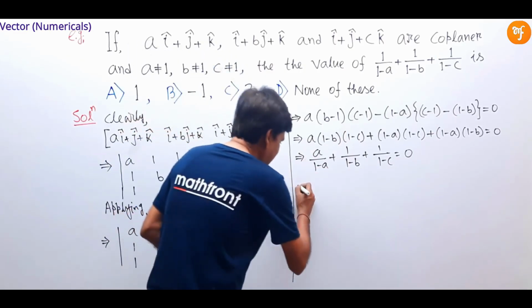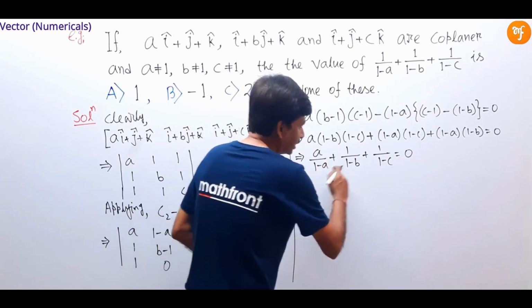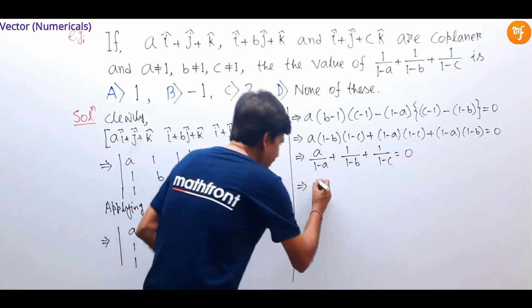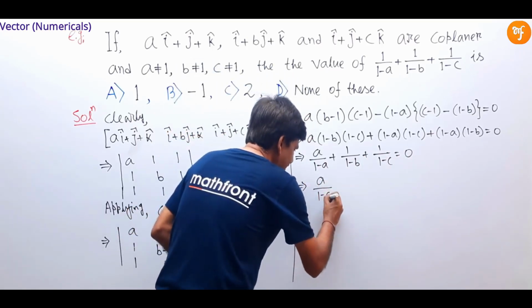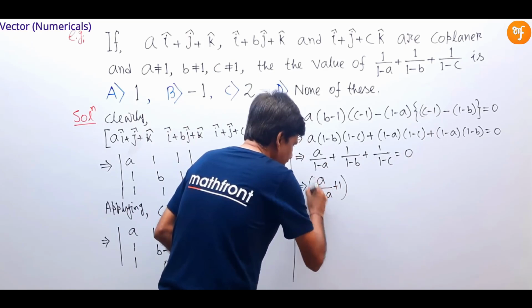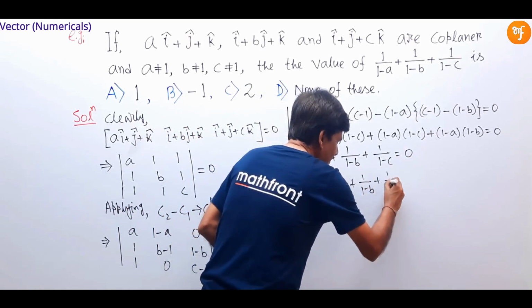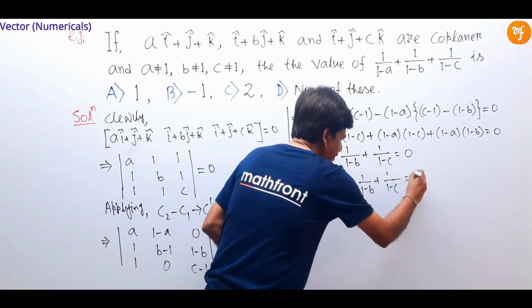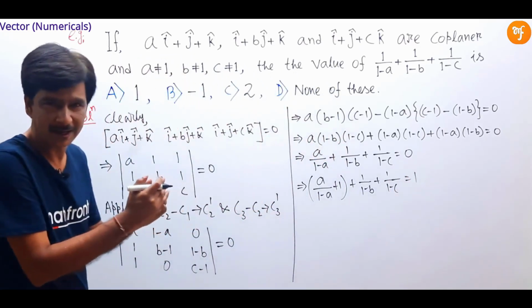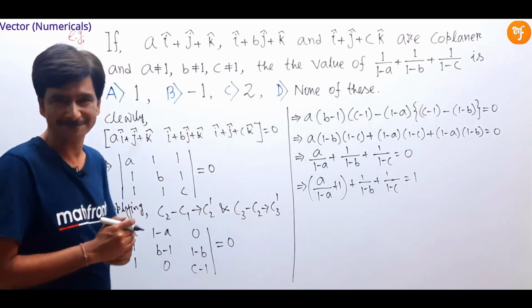So that is why we can add 1 on both sides. We can write a divided by 1 minus a plus 1 plus 1 by 1 minus b plus 1 by 1 minus c is equal to 1. We just add 1 on both sides of the equation.